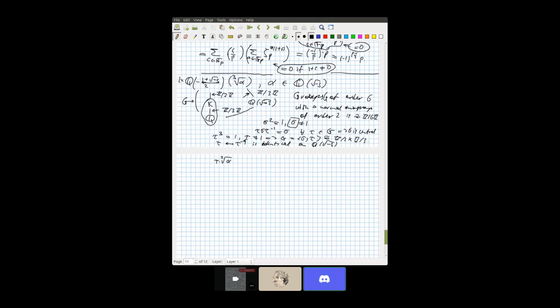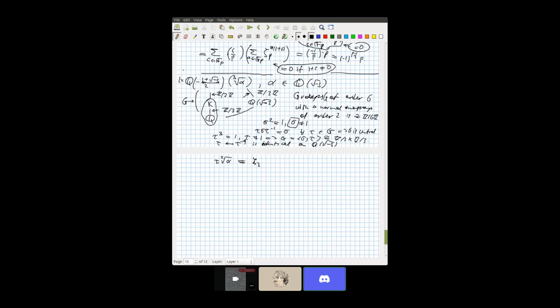This action is non-trivial, so it is multiplication by a cubic root of 1.